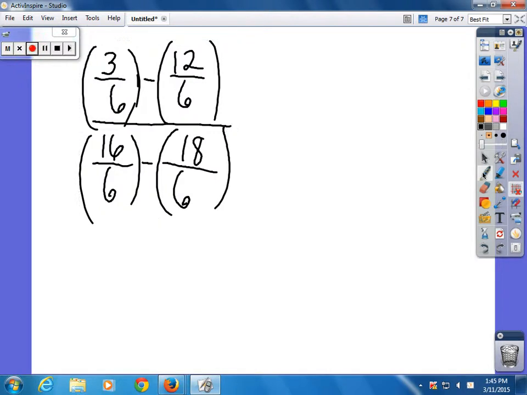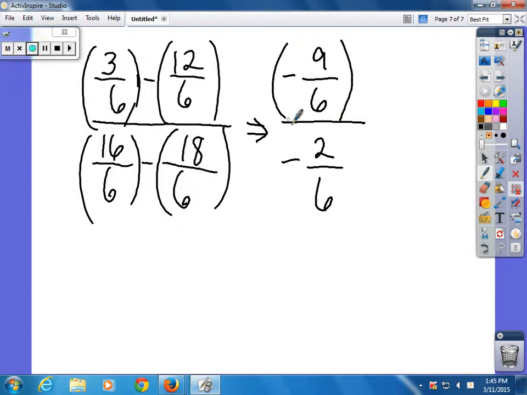Really did. All right. So what's 3 minus 12? Negative 9 over 6, over. And what's 16 minus 18? And what do you do when you divide by a fraction? Multiply by the what? I'm going to do it in blue just so you know that I'm bringing it upstairs.